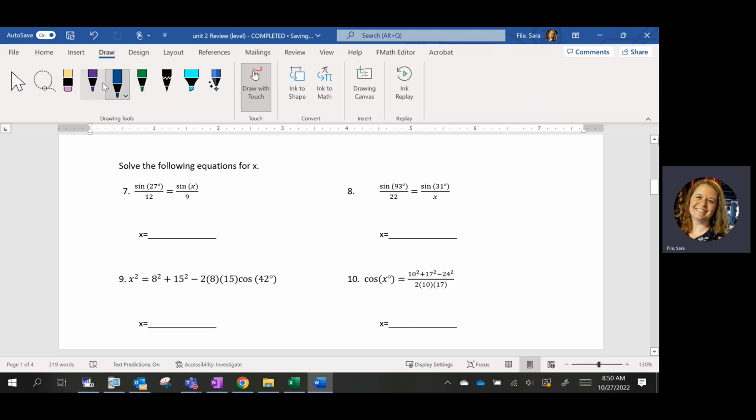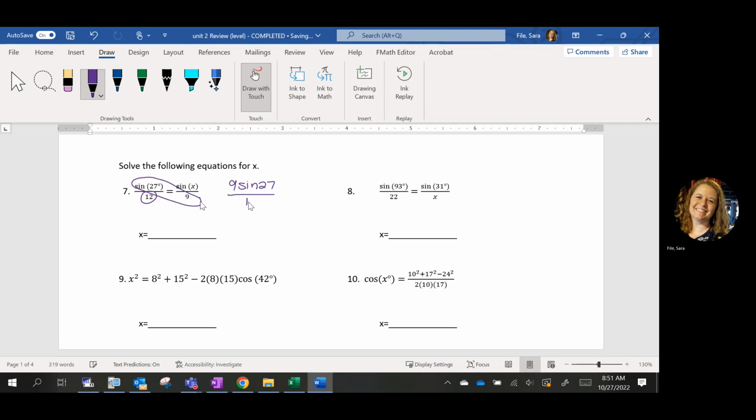So with proportions, you multiply the two knowns that are diagonal from each other. Okay, so I'm going to multiply 9 times sine of 27. And then you divide by the third known piece, which is diagonal from the missing piece. Okay, and so that's going to equal sine of x. Okay, so this is how I do cross multiply and divide, right?